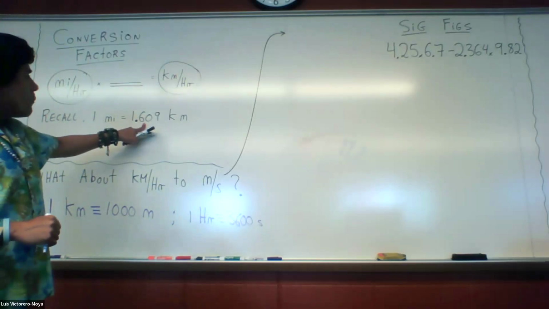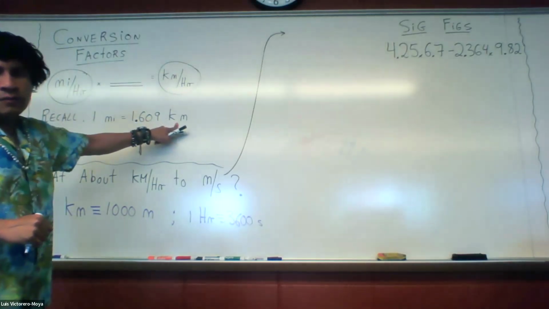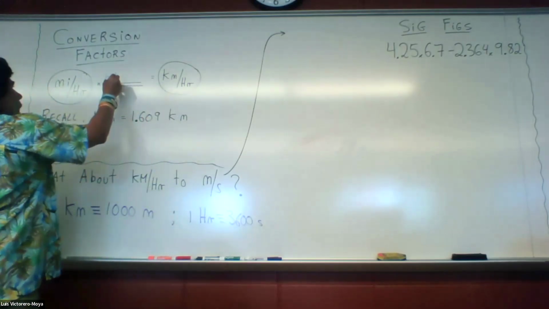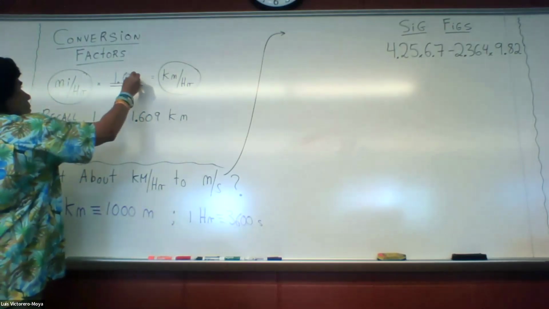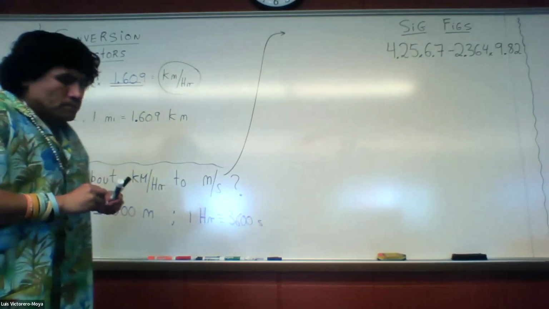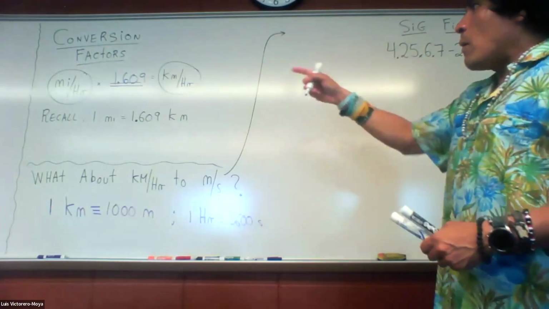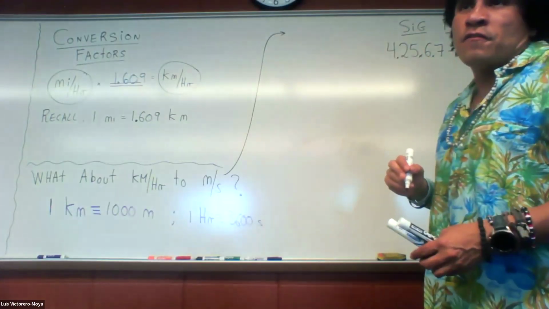1 mile is 1.609 kilometers. So the conversion factor is just 1.609. Now, a couple of you asked me yesterday about sig figs. 1.609 has 4 sig figs.